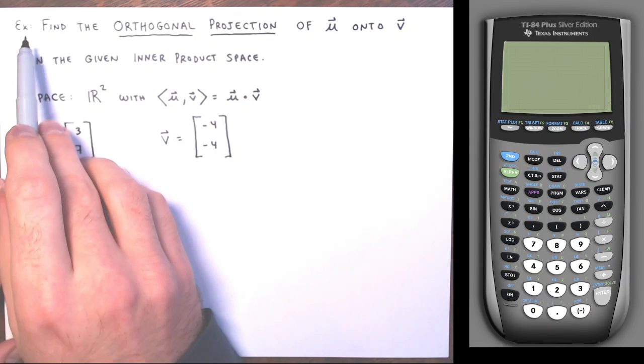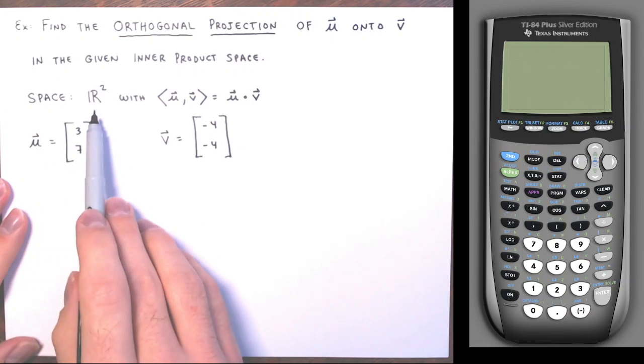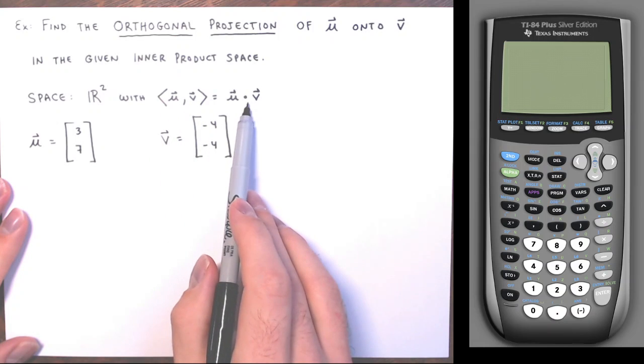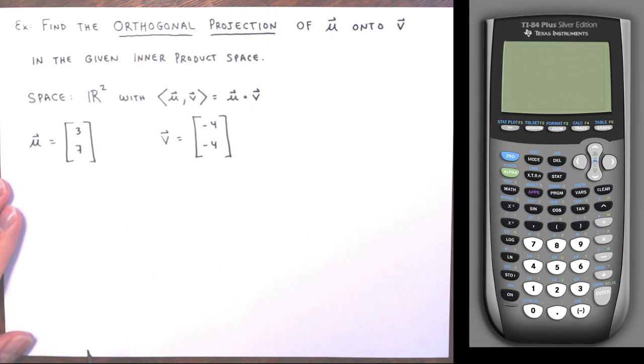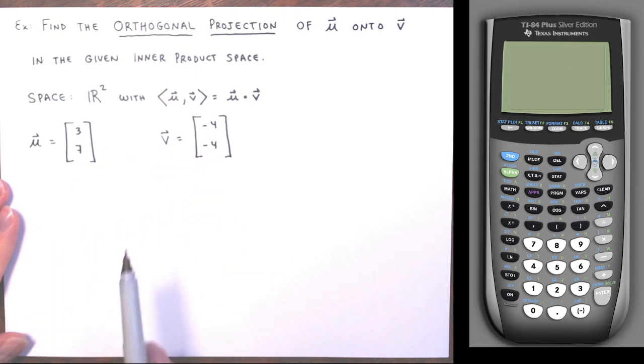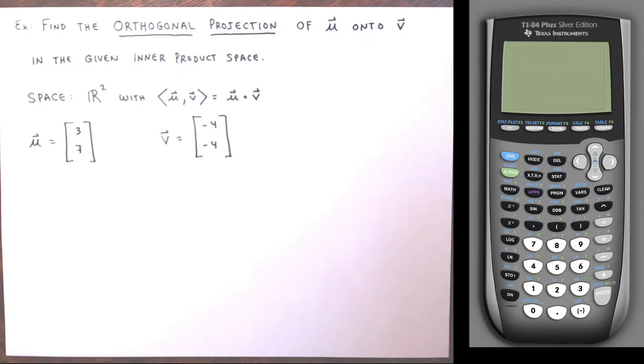In this first example, my inner product space is R2 with the inner product being the dot product, so the standard inner product or Euclidean inner product. My vectors are u is (3, 7), v is (-4, -4). I'm going to find this projection first without a picture, and then I'll show you a picture, because it is R2, and we should be able to picture things in R2 and R3. I'm going to write this formula out again for every single one.